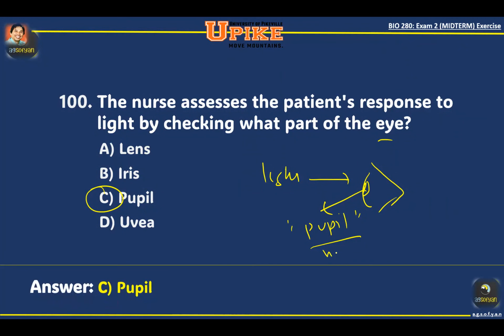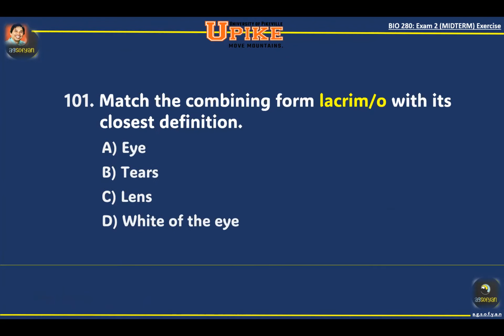So the pupil is the hole of the eyes, used by light to enter. Match the combining form lacrimal. Lacrimal means tears. So this will be the answer. Tears, lacrimal.